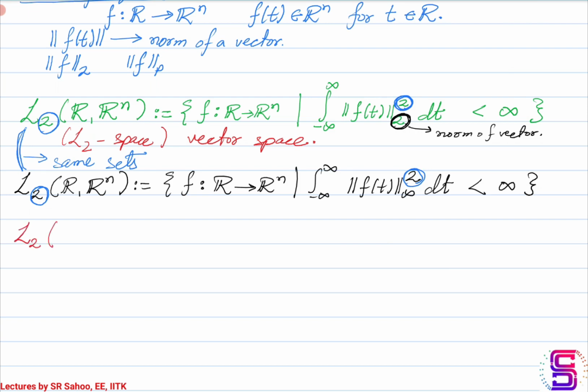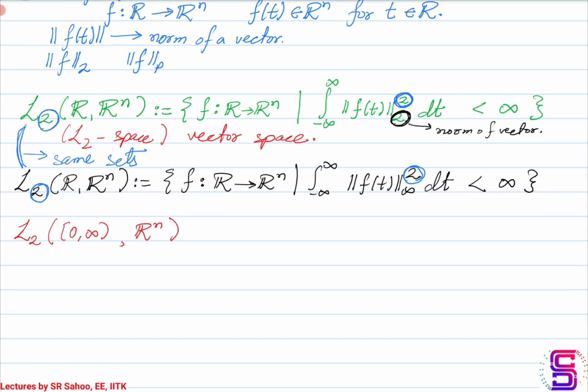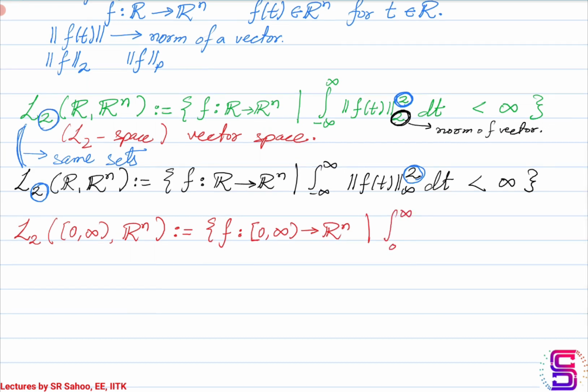Similarly, the L2 space for functions mapping from 0 to infinity to Rn is defined as f being a function mapping from 0 to infinity to Rn such that the integration from 0 to infinity of the infinite norm of f of t squared, because it's an L2 space that we are talking of, dt has to be less than infinity.